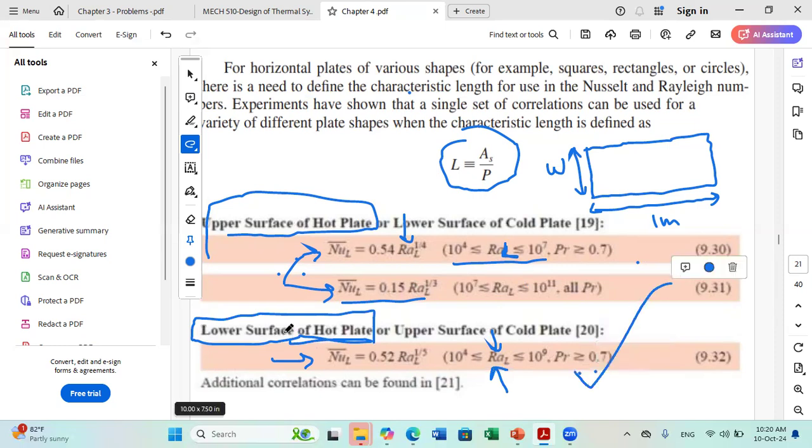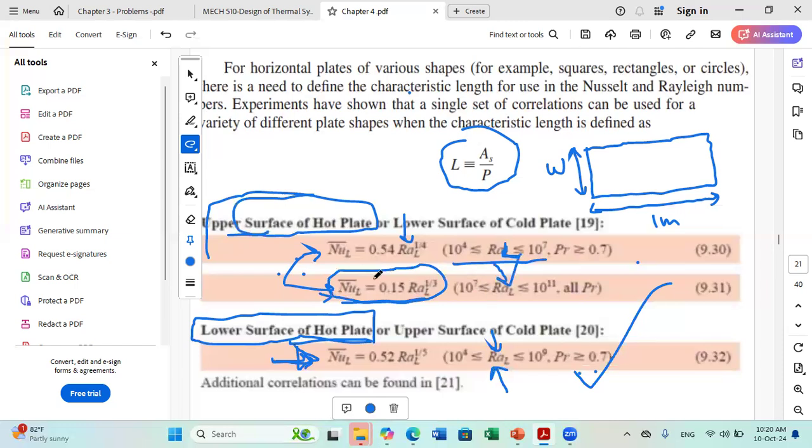So for the lower surface of hot plate, we need to use this formula, okay? While for the upper surface of hot plate, Rayleigh is in this range, okay? It's larger than 10 to the power 7, so we should use the following formula, okay?